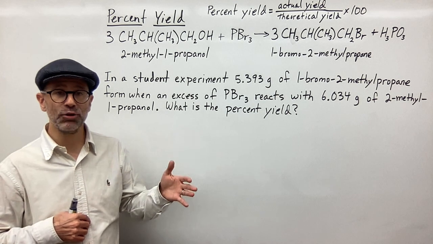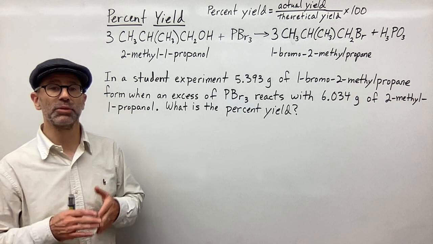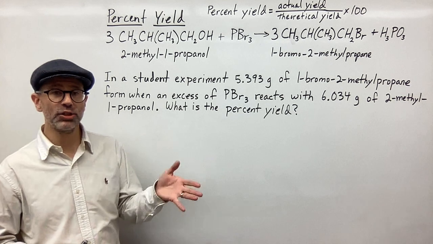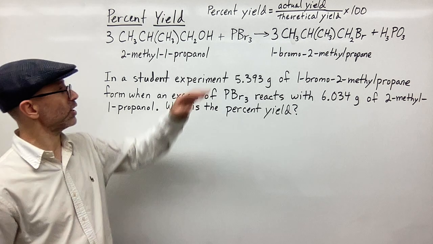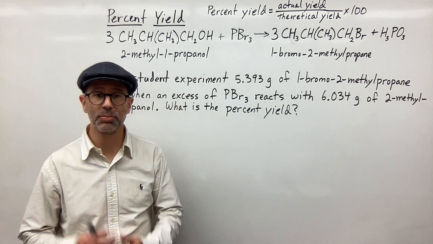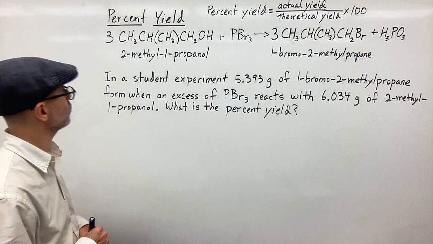They might give you the theoretical yield, but most of the time, the theoretical yield is something you have to calculate using stoichiometry. So once you calculate the theoretical yield, you then plug the actual and theoretical yield into the formula, and you get the percent yield. So let's go ahead and do this problem as an example.